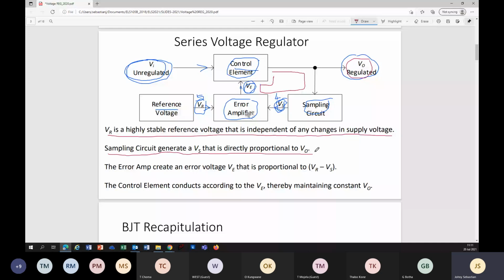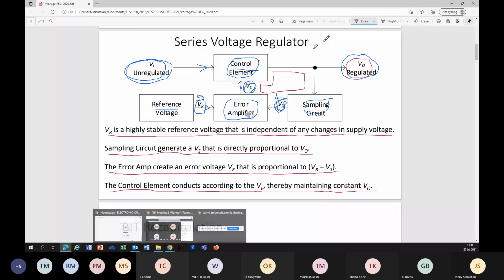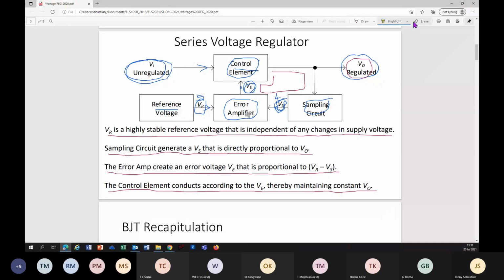The error amplifier creates an error voltage VE that is proportional to VR minus VS. The control element conducts according to the V error, thereby maintaining constant V0. That is the explanation of a circuit like this.